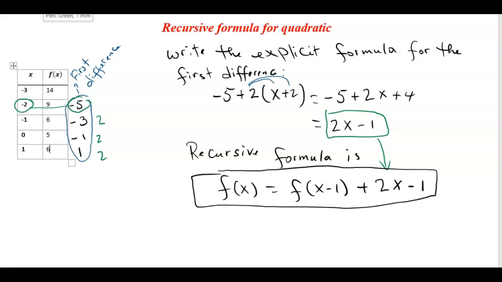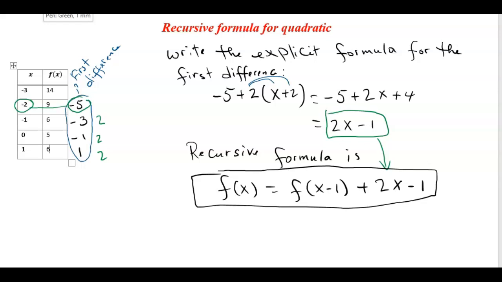If it's not constant, then it's not quadratic, okay? So you do the first difference, which is not going to be constant, it's going to be linear. Then from that first difference, you do a second difference. That second difference is supposed to be constant, and that's how you know you have a quadratic. Once you identify the table as a quadratic function, you go ahead and write the explicit formula for the first difference.